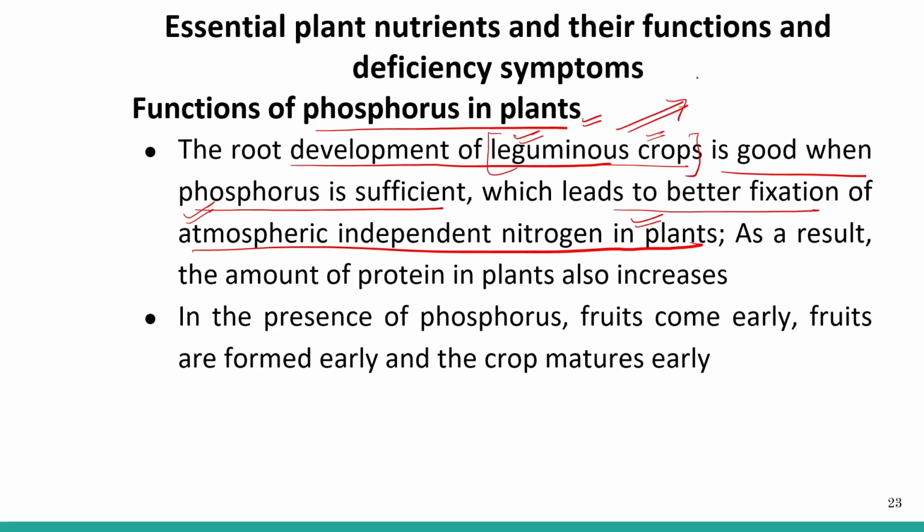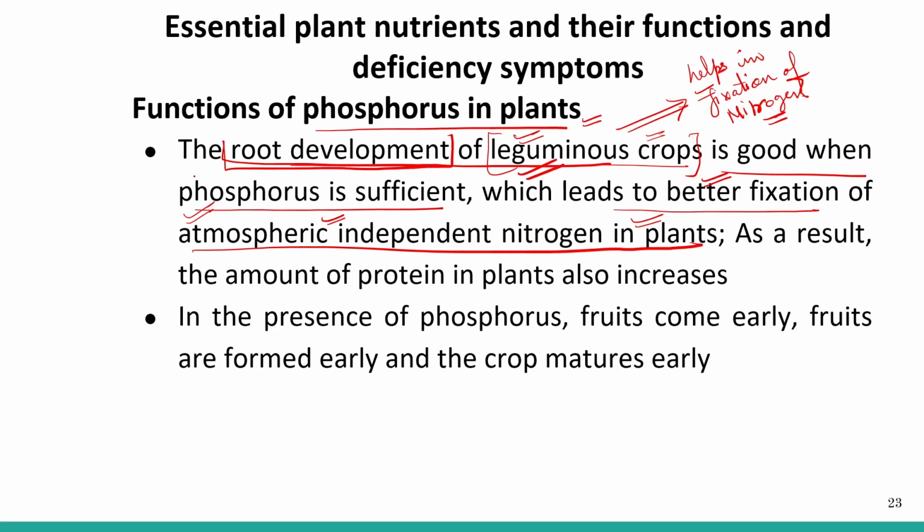Because they help in fixation of nitrogen, right? For that, there is proper root development. And in which plant? Leguminous plants. And what is the function of leguminous plants? Help in fixation of nitrogen.